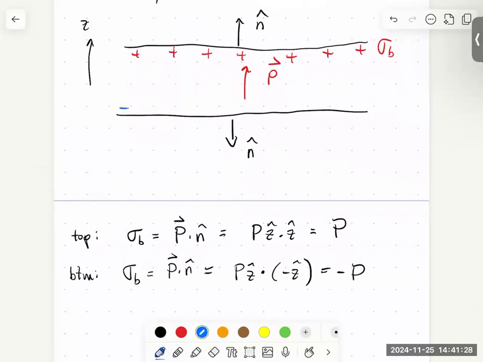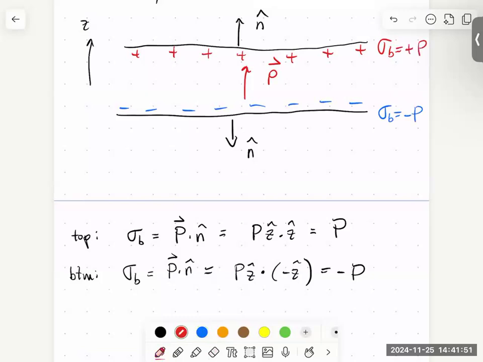And so what we end up with is a bound surface charge at the bottom. Sorry, let me fix this. This would be sigma_B equal to minus P at the bottom, and sigma_B equal to plus P at the top.